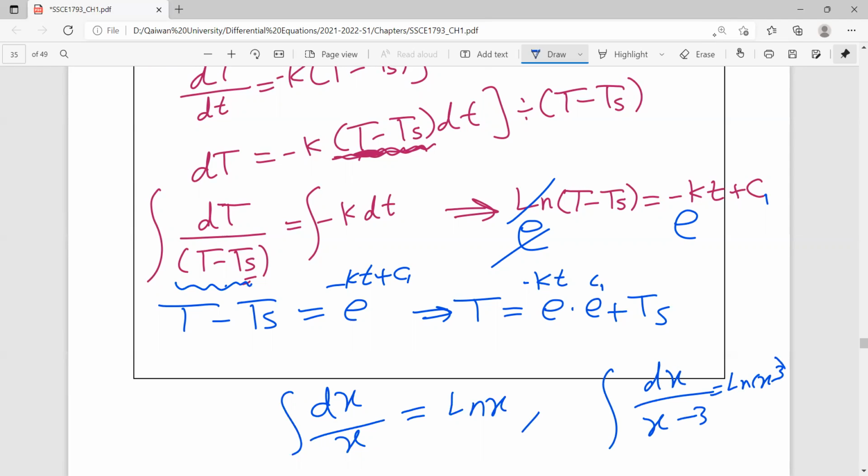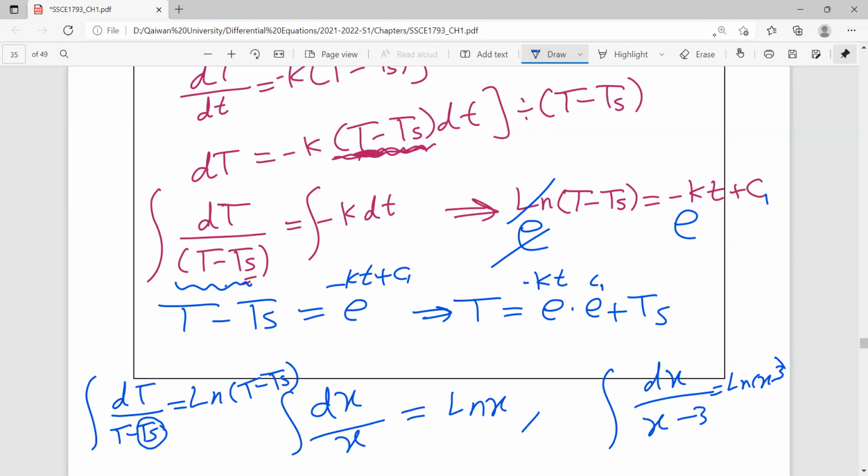And here we have dT over T minus Ts. It's integration. This equals what? This is a constant. Let's say it is 5, it's 10, it's any number. We say it equals ln of T minus Ts.